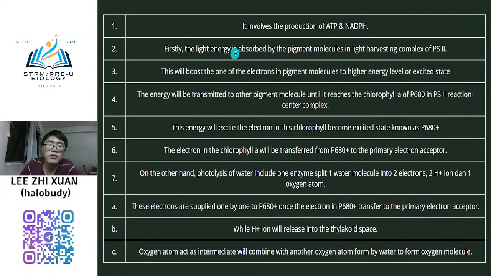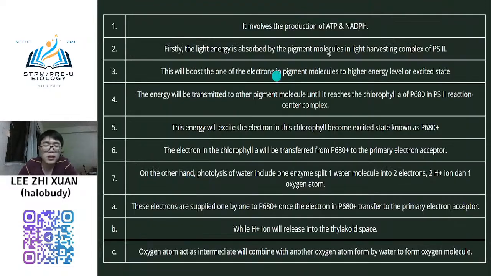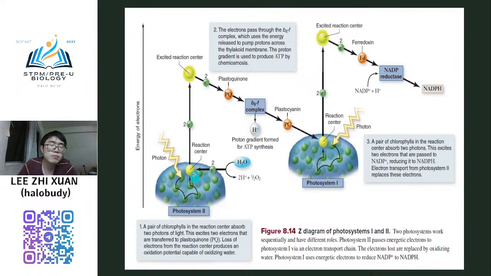Firstly, the chlorophyll will absorb the light energy and become higher excited state, so that the energy will be transmitted from molecule to molecule until the chlorophyll A of P680 is in the reaction center complex. Normally the energy will be transmitted until it reaches the reaction center.